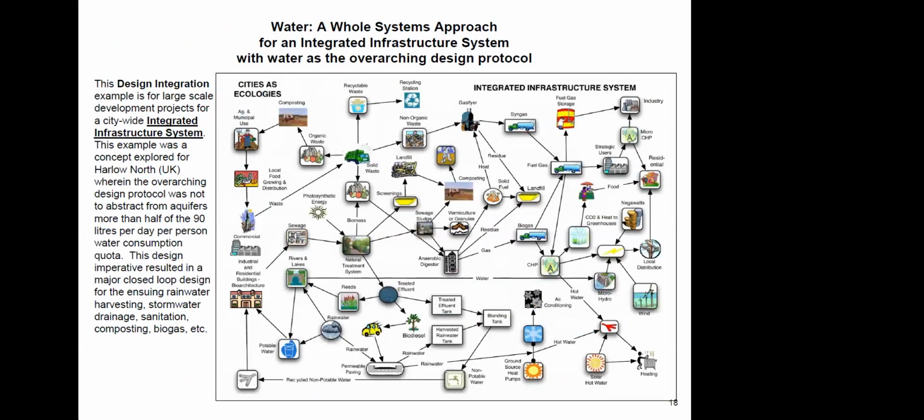And another example of a whole systems approach, looking at a whole city. Now, don't be overawed by what you see here. I'm just going to explain the basic fundamentals, which are on the left-hand side.